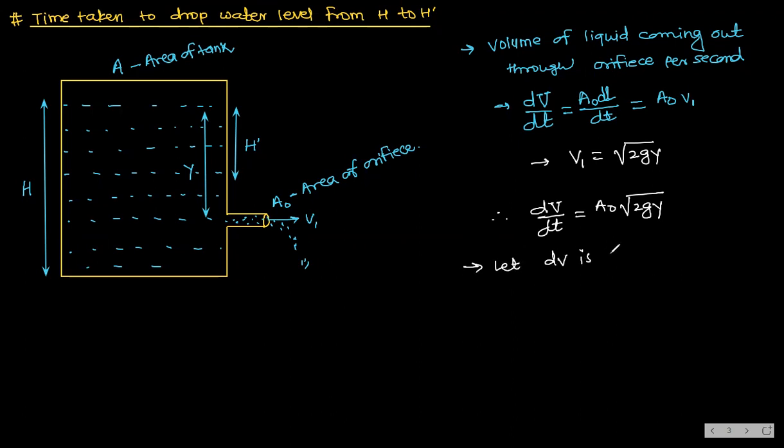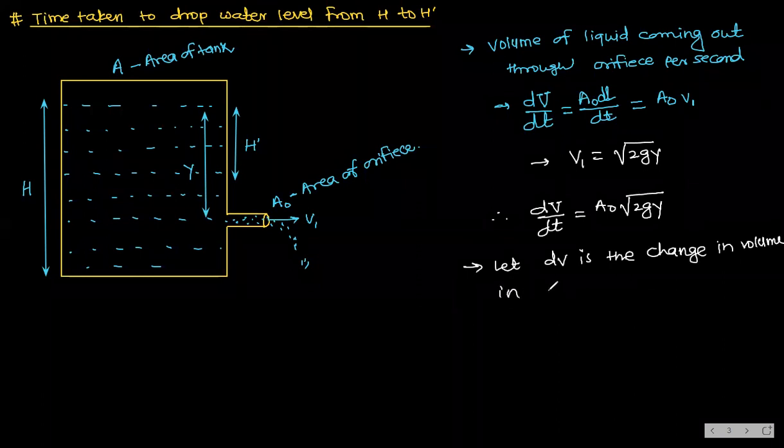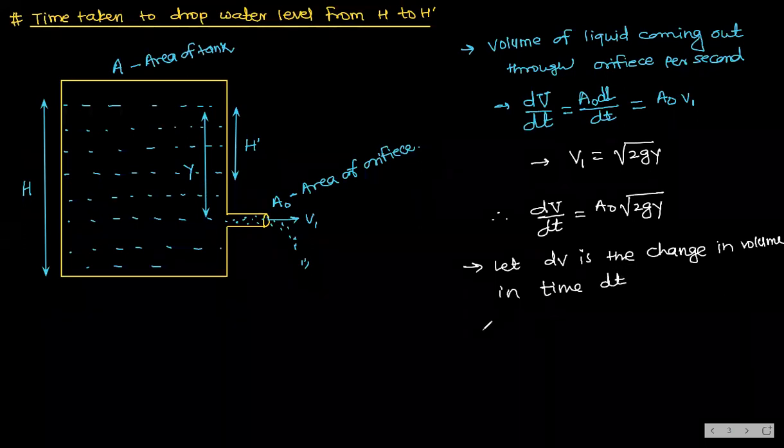Let dv be the change in volume in time dt. Then this is minus dv, why?